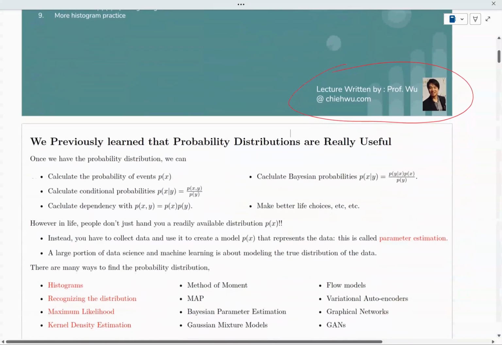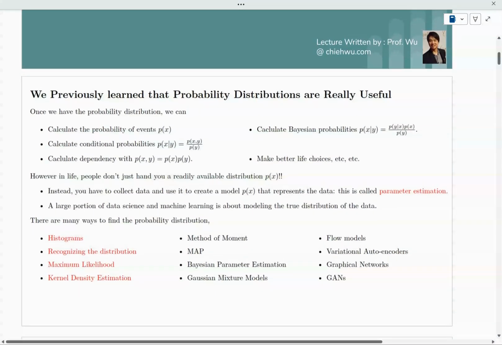So we previously learned that probability distributions are really, really useful. Once we have the probability distribution, we can calculate probability of events, do conditional probability, identify dependencies between data, perform Bayesian inference, basically make better life choices or business decisions.